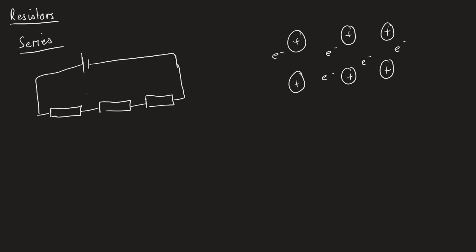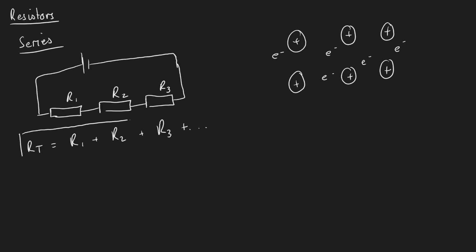Now if we continue to add, let's say this resistor has a resistance R1, R2 and R3. If we just add them together, we know the possibility of collisions is going to continue to increase, and the way it increases is that the total resistance is just going to be the linear sum of these resistances. It doesn't have to be limited to 3. It can continue on.